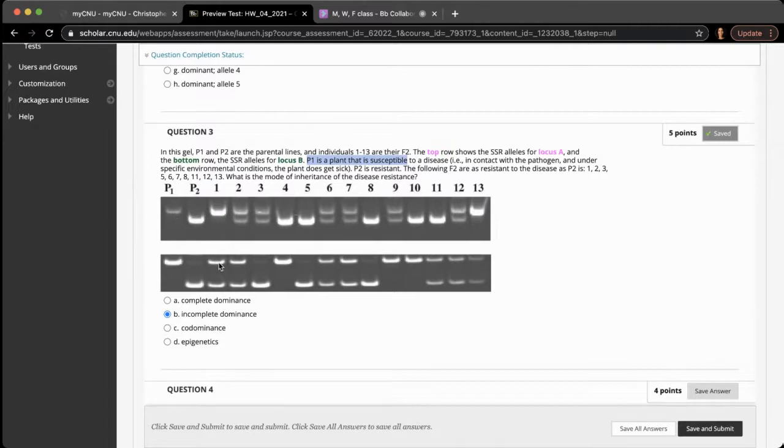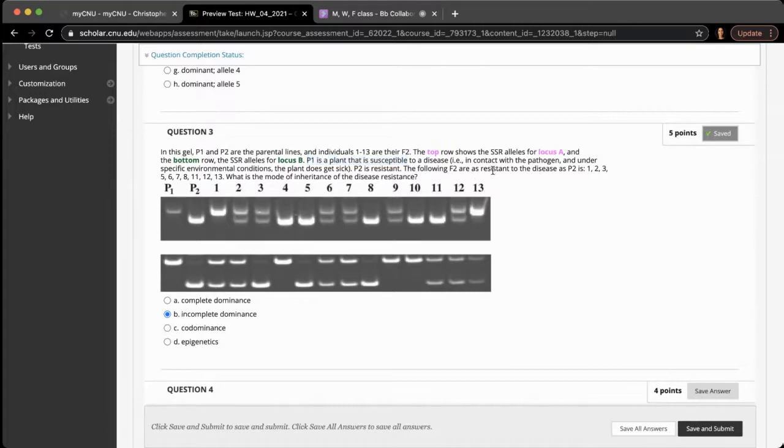All right, plant number one is heterozygote on this locus. And so this allele, remember this one is susceptible. So it looks like this allele is the susceptible allele and this is the resistant allele. And even if you only looked at plant number one, then you could conclude that this is the allele that makes it resistant.